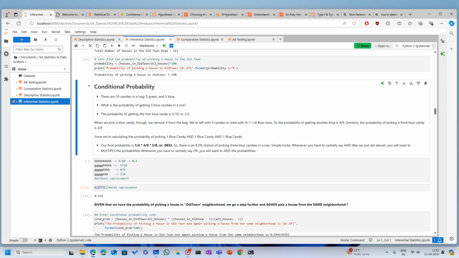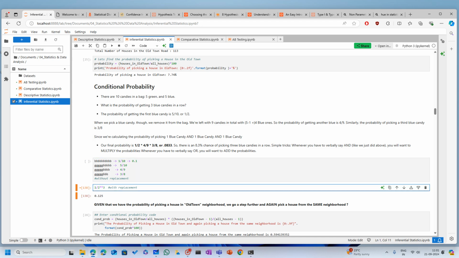I have one question. With replacement means every time you are picking one candy, you are adding one candy back to the sample? Yeah. So if I am taking one blue candy, then we are adding one blue candy again.